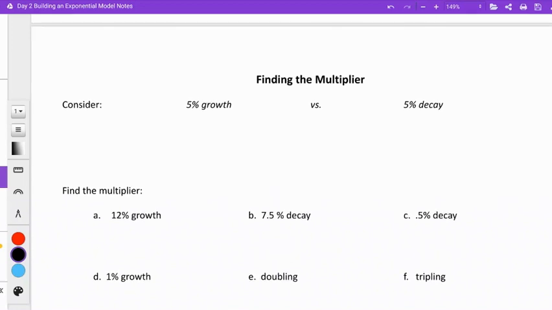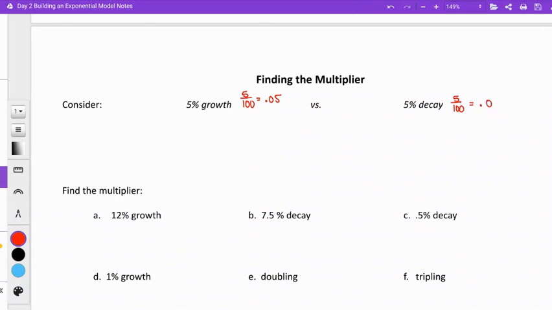If we are looking at something that grows at 5%, you always have to bring that back to a decimal, right? So you can bring that back to a decimal by taking 5 divided by 100. We know that that's 0.05. Or you can think about moving the decimal places. So how do we manage a 5% growth versus a 5% decay?